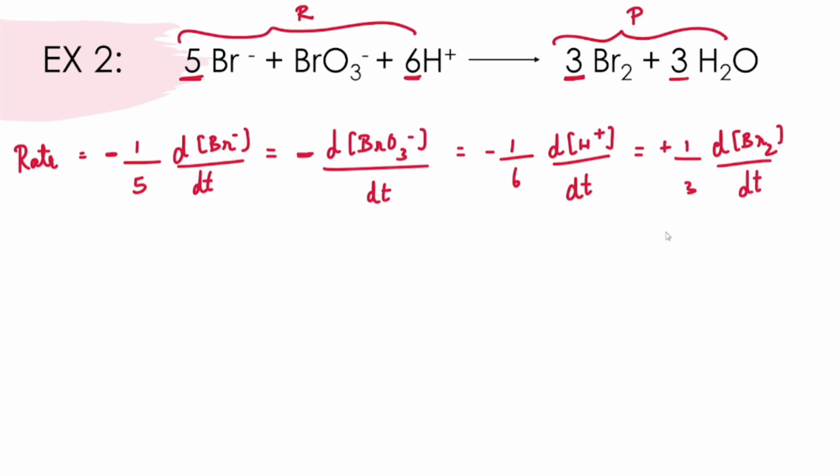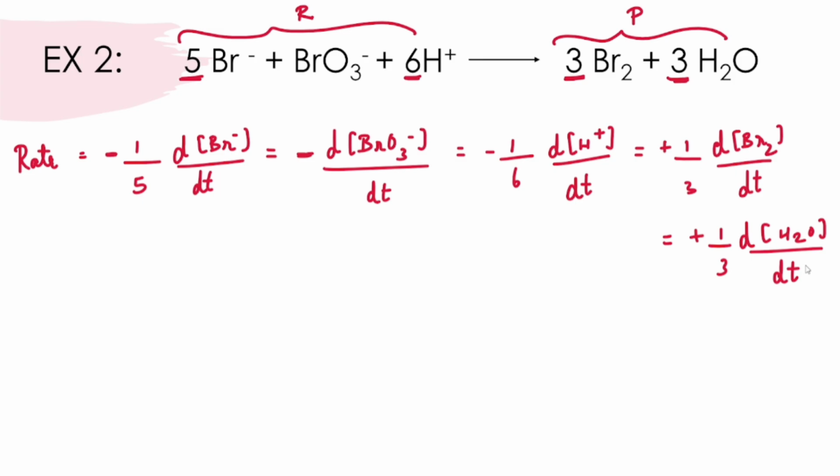Again we are equating. I will write it down as I don't have any space there. Positive of, again we have 3 as the coefficient, 1 by 3 of d of H2O by dt. That's it, students. This will be the rate expression for this reaction.